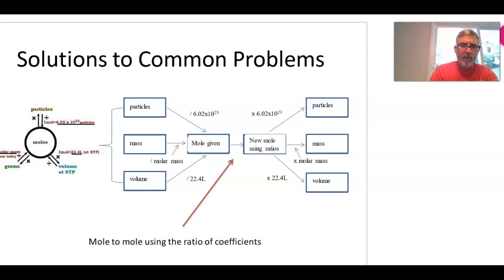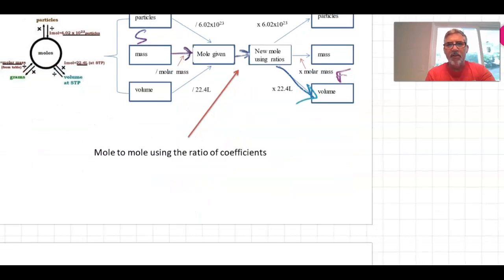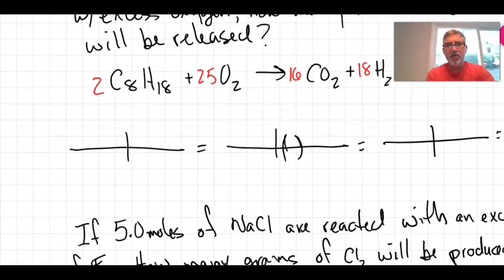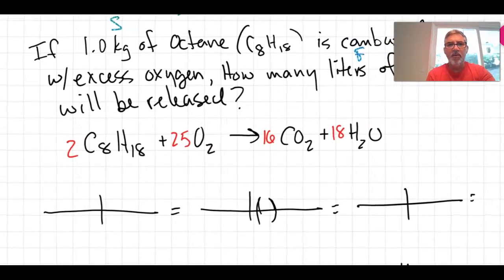All right. So my start was in mass, and my finish now is in volume because I have liters. I need 1 equation, 2 equations, 3 equations. Okay? All right, so that's how you use a roadmap. So you need to have a picture of that to use on your test and with your homework. It'll make it a whole lot easier.